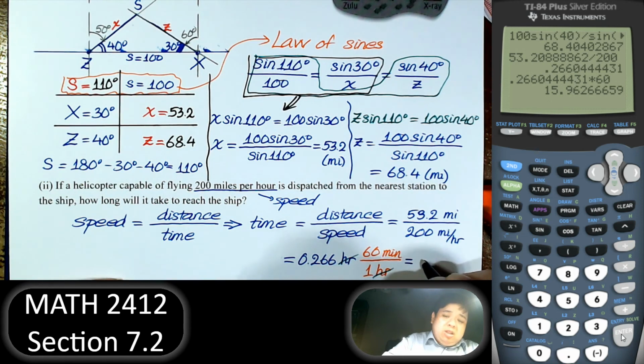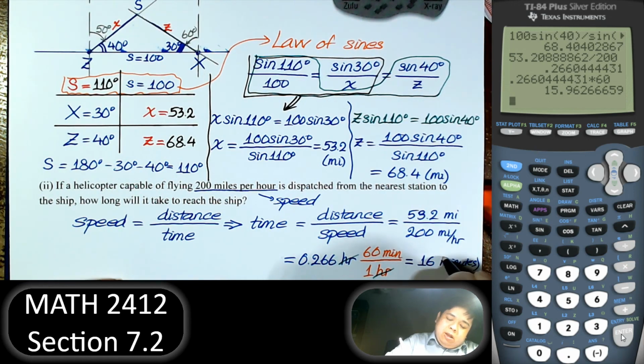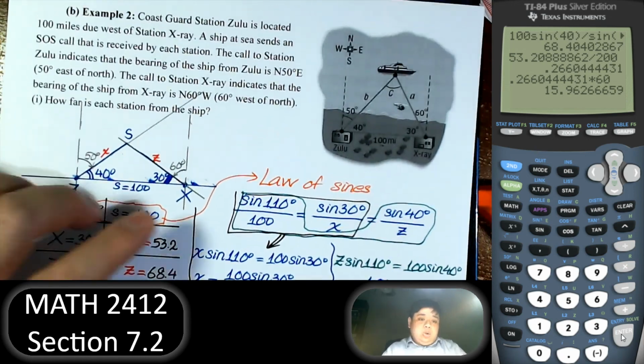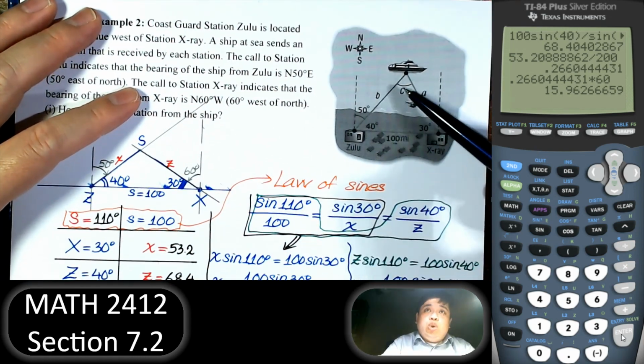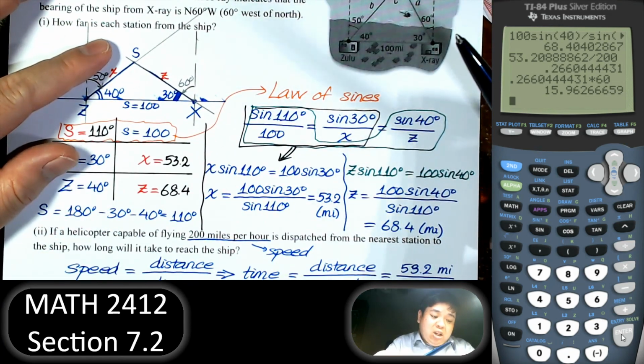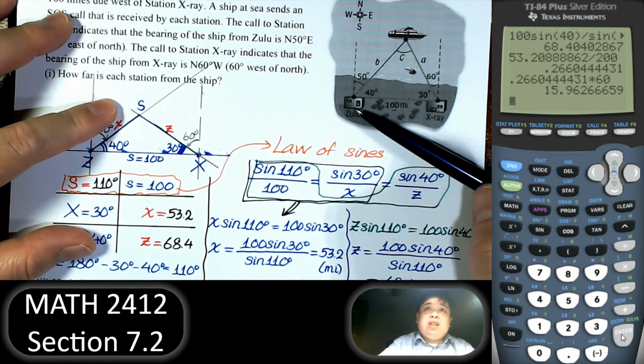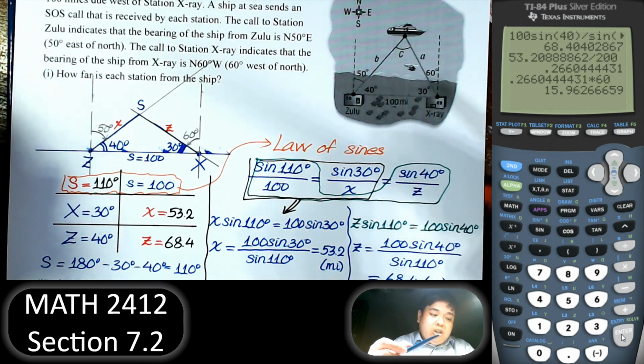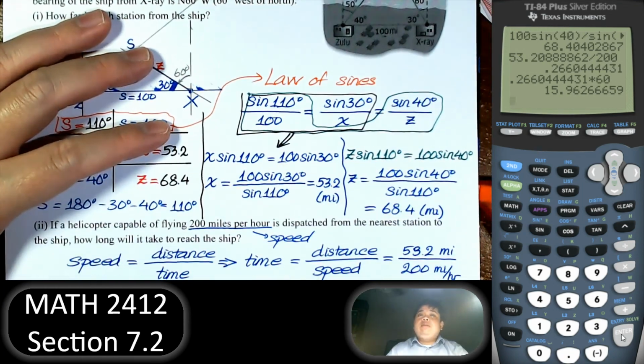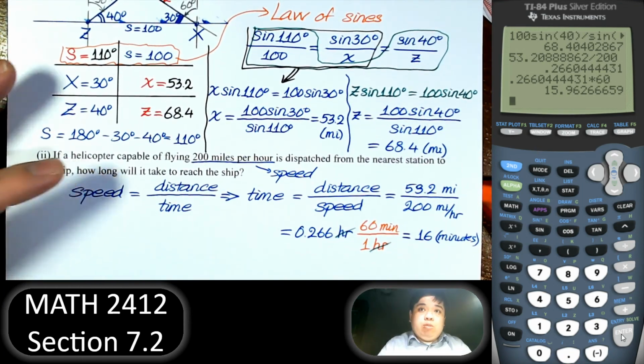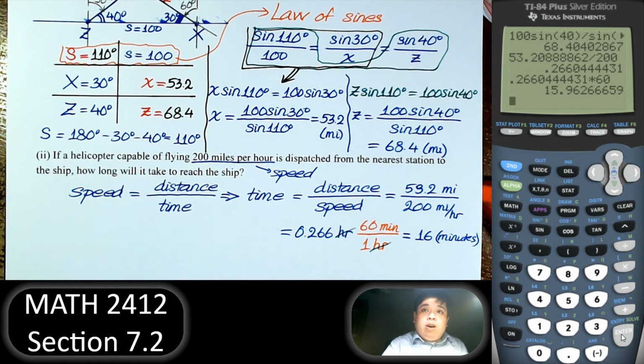So let's round up to 16 minutes. So in this problem, Zulu is the closest station to the ship. If it dispatches a helicopter, it will take 16 minutes to reach the ship. Right, so that's what we have for this problem, and that's all I want to cover in this section.